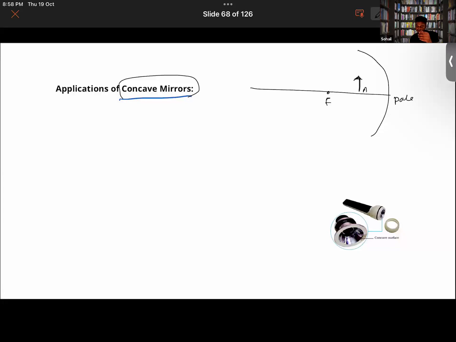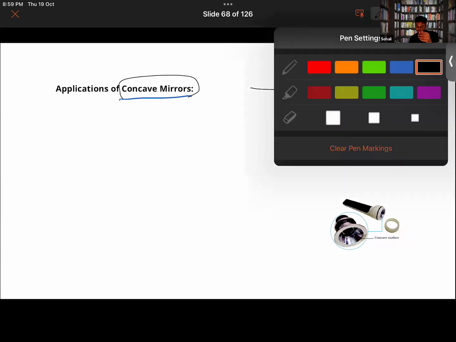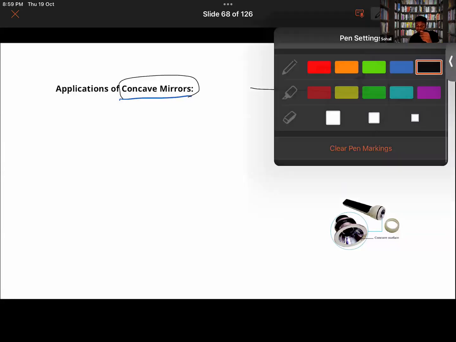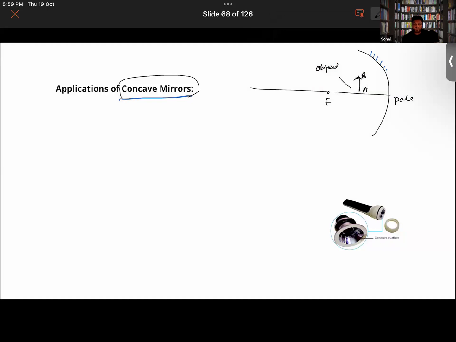Suppose the object is here. When you place the object very near to this concave mirror, which do we consider more, the virtual or the real image? We consider both of them.